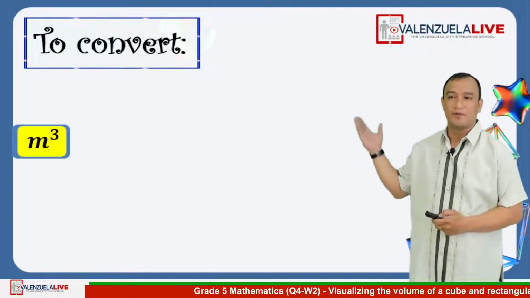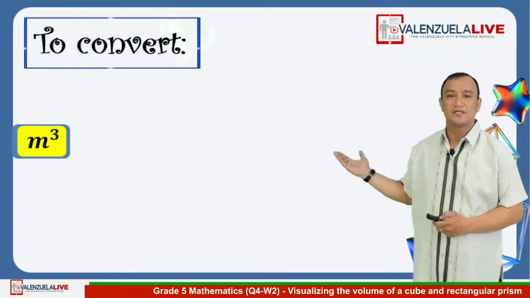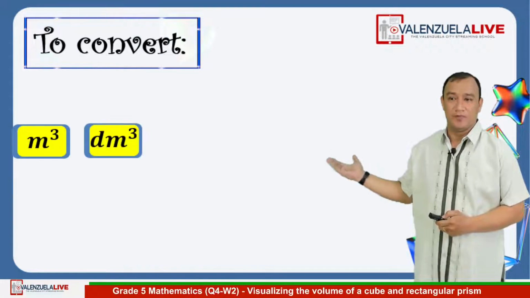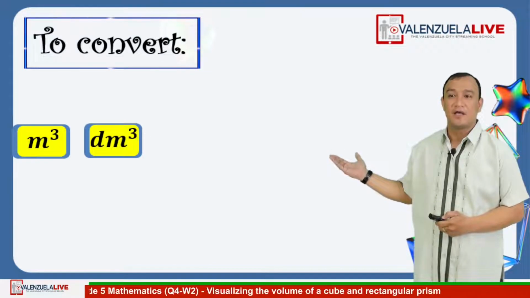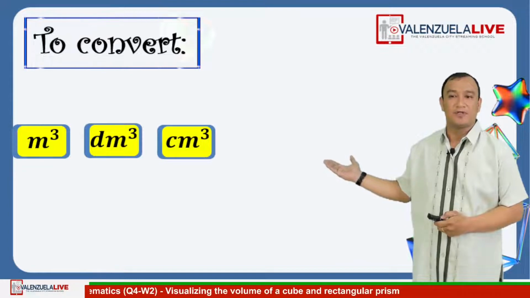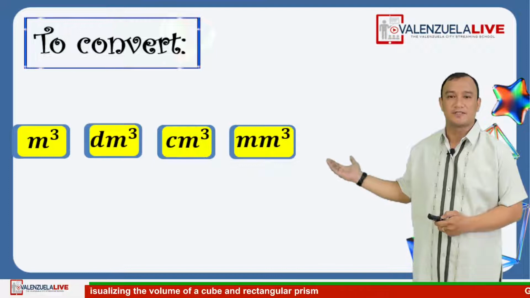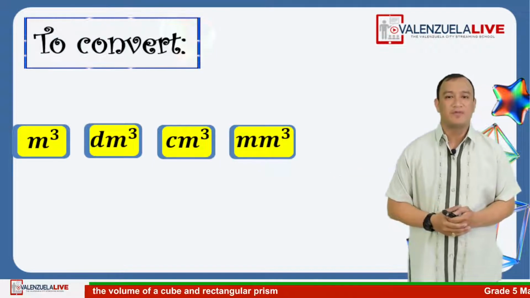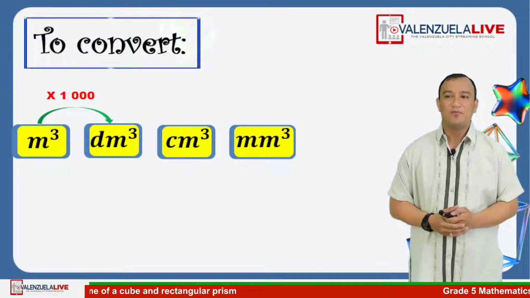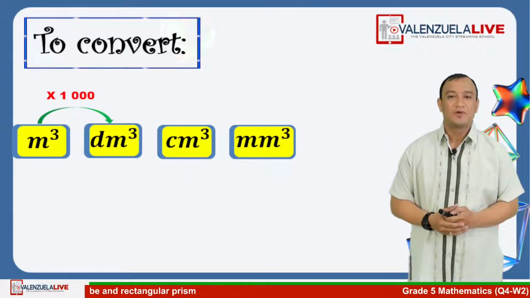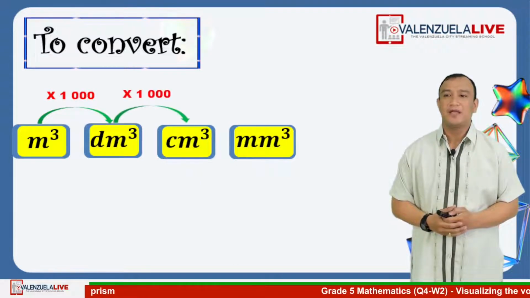We have cubic meters, cubic decimeters, cubic centimeters, and cubic millimeters. And always remember that every move or jump going to the right will be multiplied by 1,000.